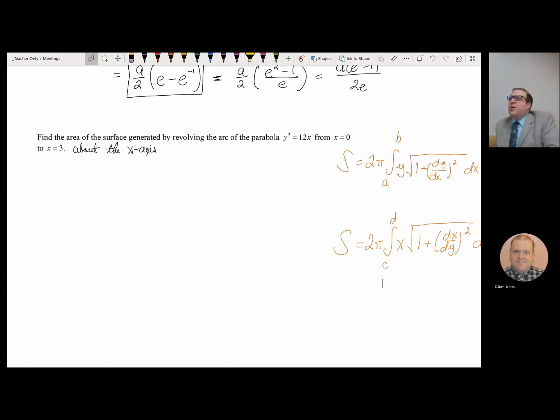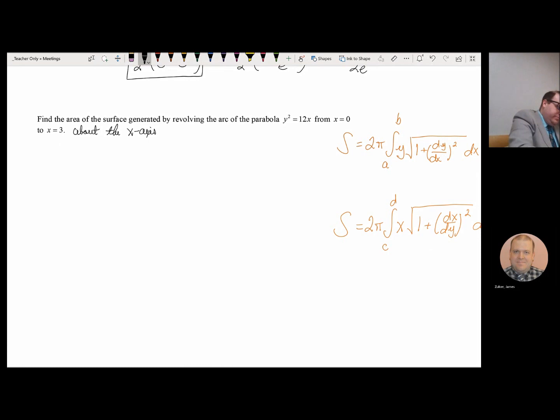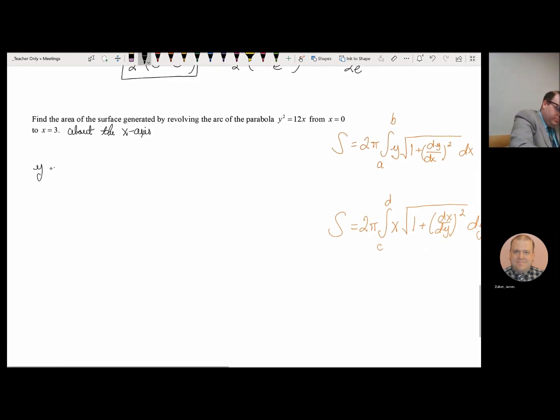So write y squared equals 12x as a function of x in the first quadrant. So what does y equal? There's your function. That's what's going to be rotated about the x-axis from 0 to 3.